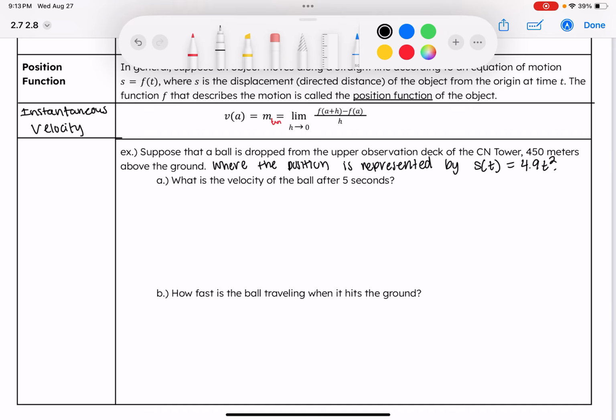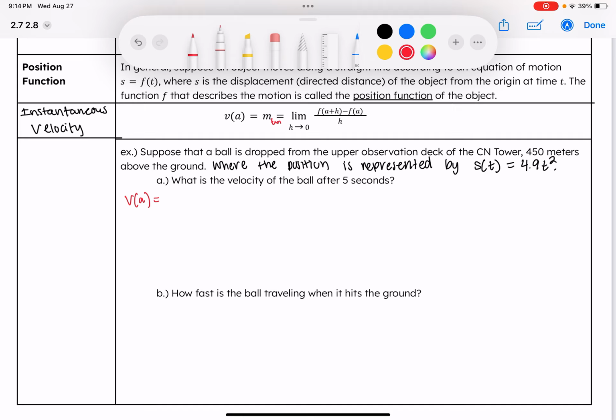Okay, so that's my position function. What is the velocity after 5 seconds? If I find the derivative of my position function, that is going to equal my velocity function. So I want to find v of a, and then once I find v of a, I am going to evaluate that at 5 because I know that 5 seconds has passed.